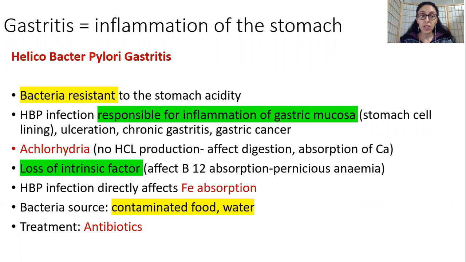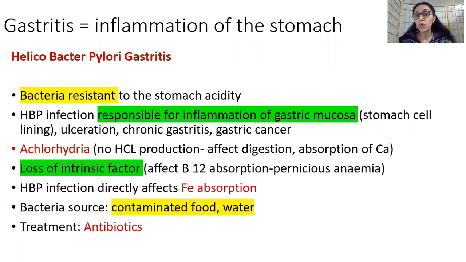Okay, and the other signs and symptoms of Helicobacter pylori infection is achlorhydria. What is achlorhydria? It is no HCl production. Meaning the gastric acidity production is affected. As you know, your stomach has an acidic environment, and HCl is what is synthesized or produced by the stomach, and that is affected.